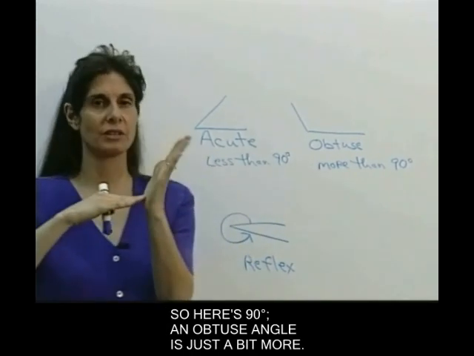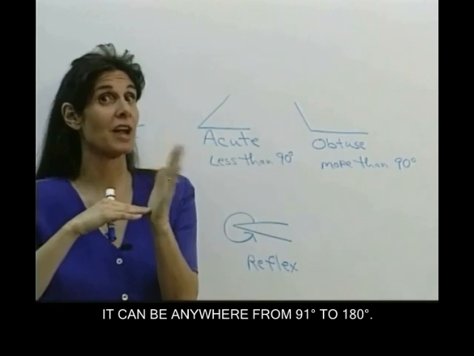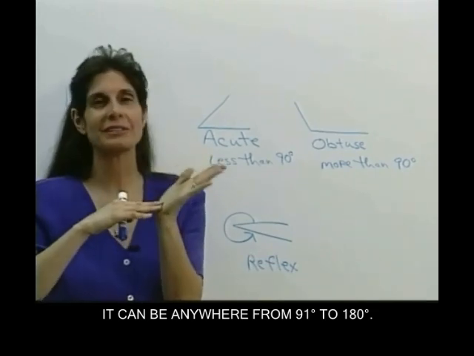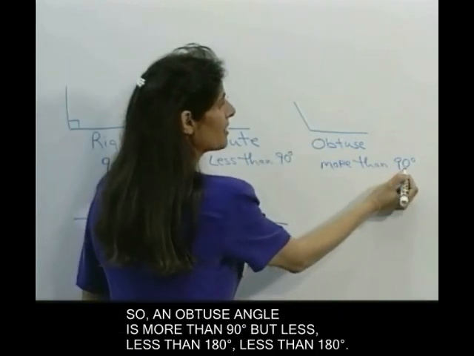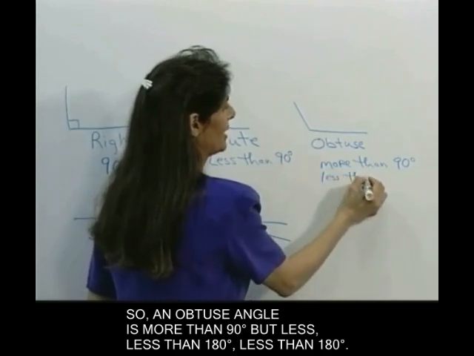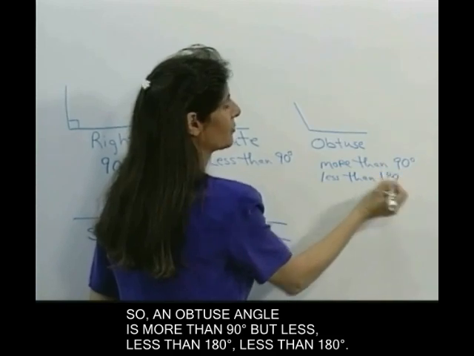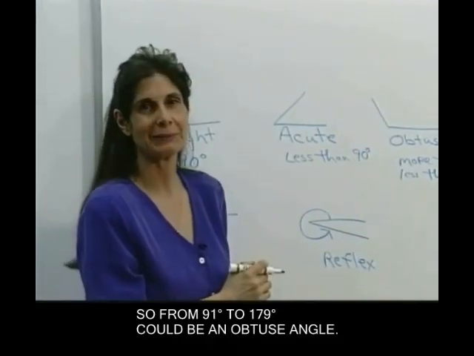So here's 90 degrees, and an obtuse angle is just a bit more. An obtuse angle is more than 90, but less than 180. So from 91 to 179 degrees could be an obtuse angle.